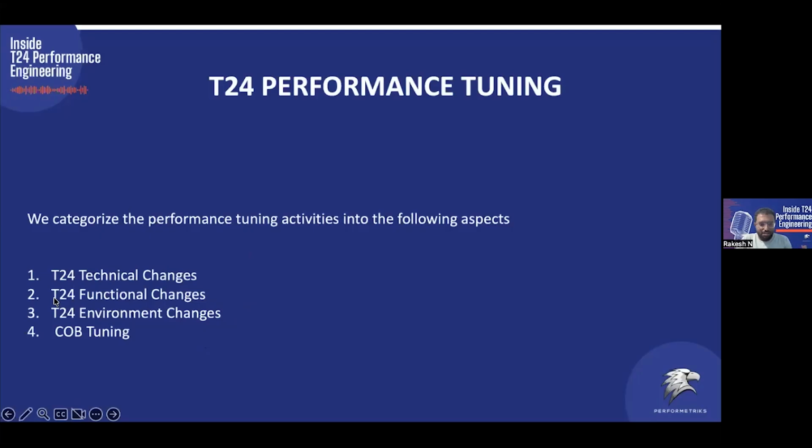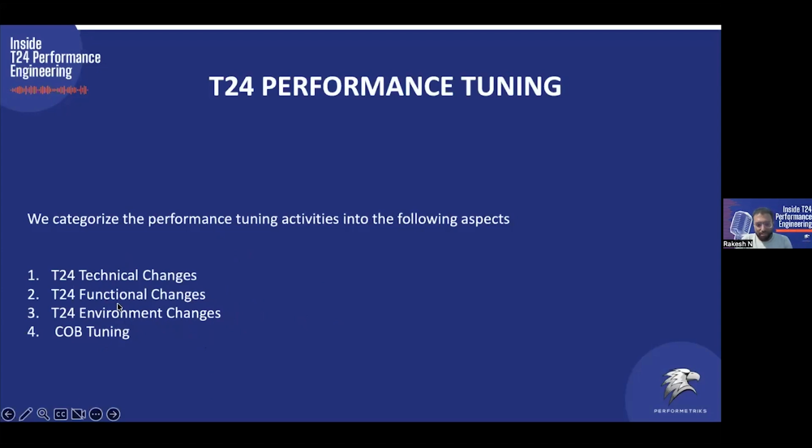And then the major part is the environment changes: the environment setup, configurations, files, all those things. Wherever we find any issues in these environment related things, we'll redirect them to the environment changes aspect and that particular team. And then finally, COB tuning is nothing but a combination of all these.